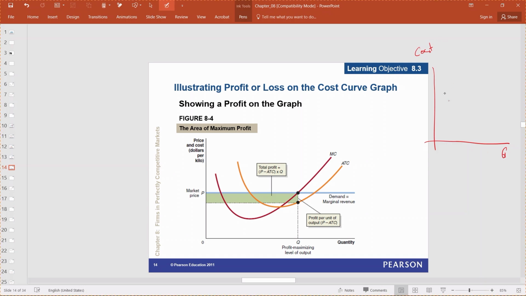You remember the cost functions when we take averages: we have average fixed cost, then average variable cost, and then average total cost.